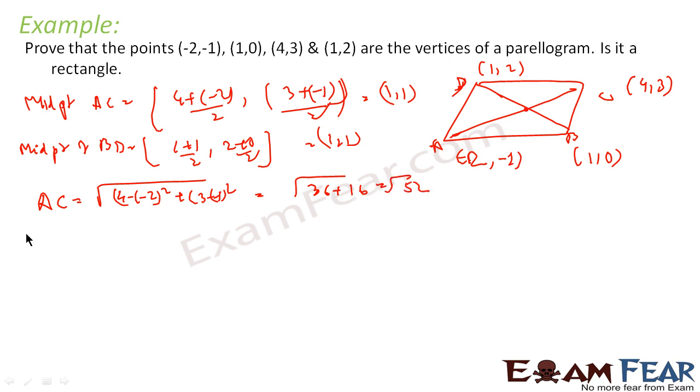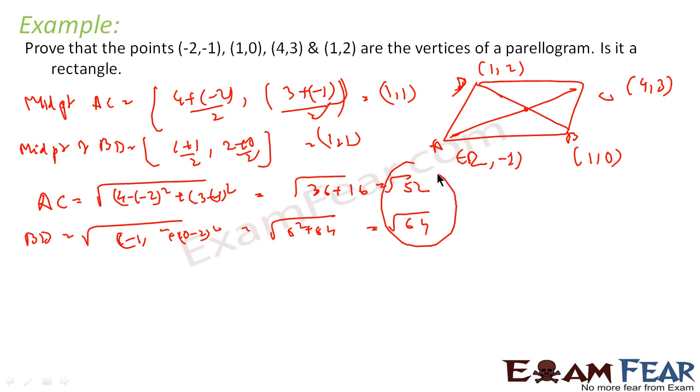Similarly, you will find BD. BD is nothing but root of (1 minus 1) square plus (2 minus 0) square... this becomes root of 0 square plus 8 square, is 64, and this is nothing but root 64. So if you see, both are not same. So it is not rectangle, it is parallelogram.